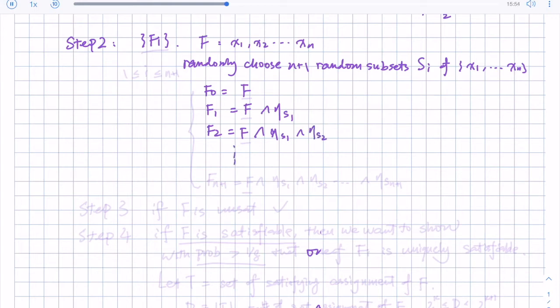Then we have Fn plus 1 equals F and eta S1 and eta S2 all the way till eta Sn plus 1. Okay, so this is the construction for the set of formulas Fi, where i ranges from 1 to n plus 1.